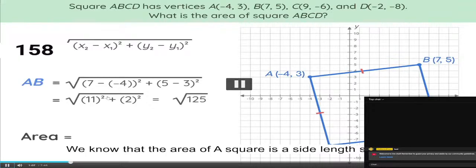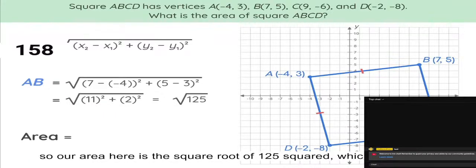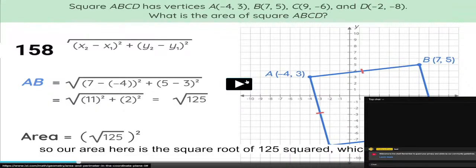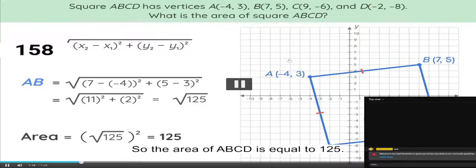We know that the area of a square is a side length squared, so our area here is the square root of 125 squared, which is just 125. So the area of ABCD is equal to 125.